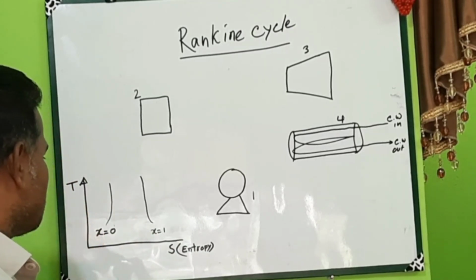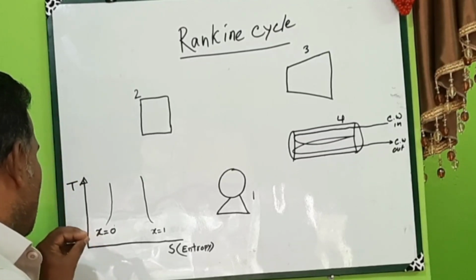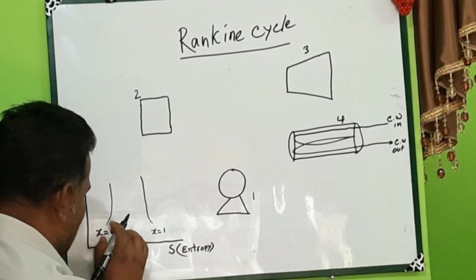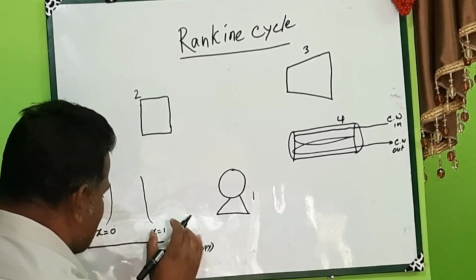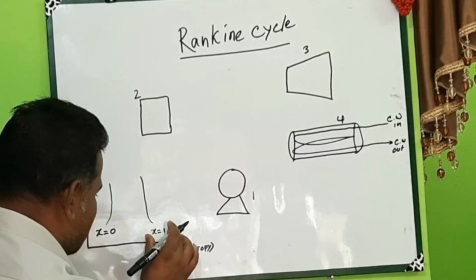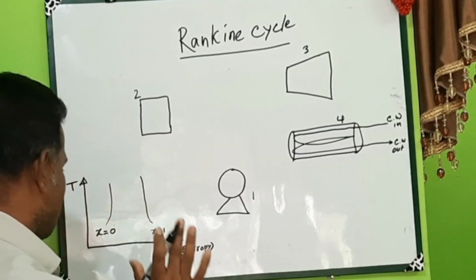In this liquid zone there is more moisture in the liquid. When it passes through the vapor zone, the moisture reduces, and this side you can think of as the moisture-free zone.